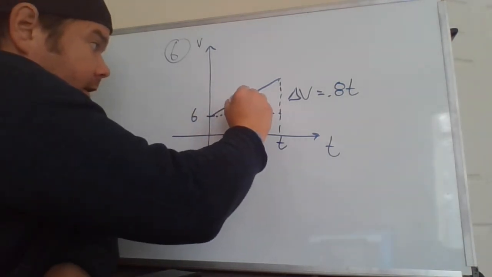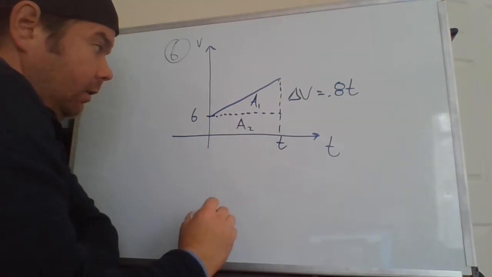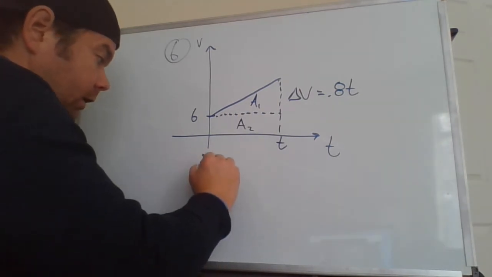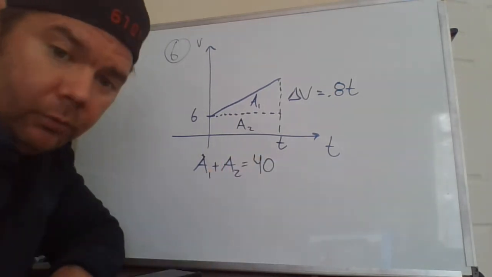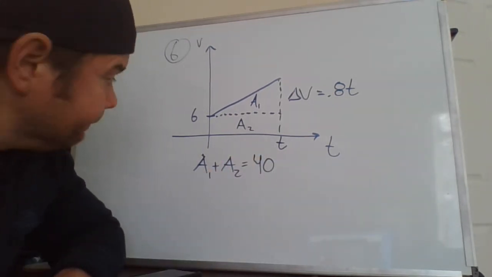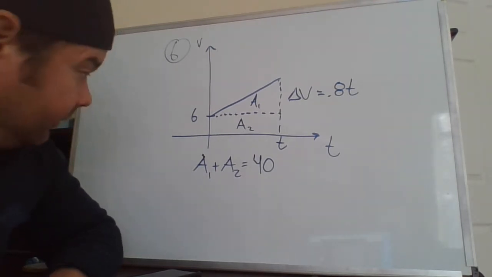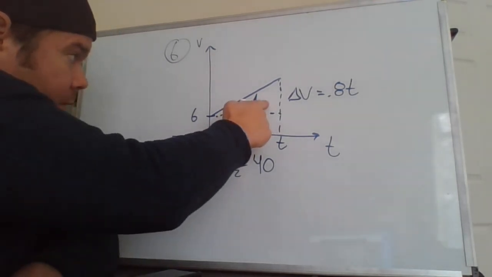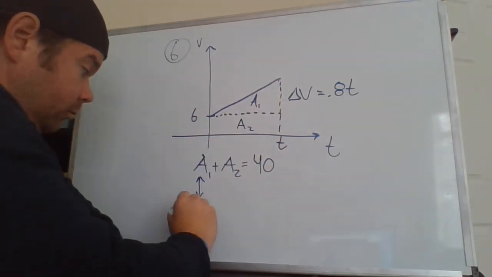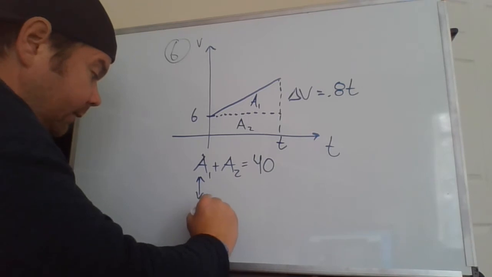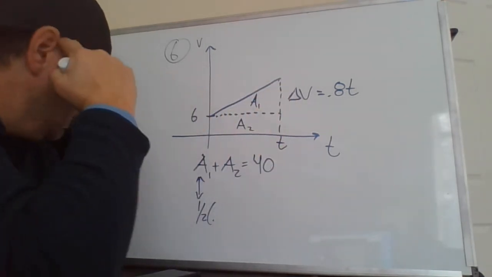So this area, which I'll call area 1, and this area, which I'll call area 2, area 1 plus area 2 has to equal 40, right? So now I just have to get some expressions for these. Let's start with area 1. Area 1 is a triangle, so the area is 1/2 base times height.